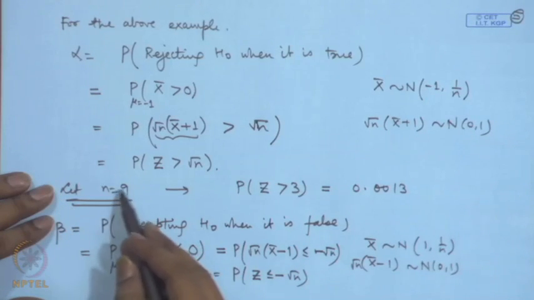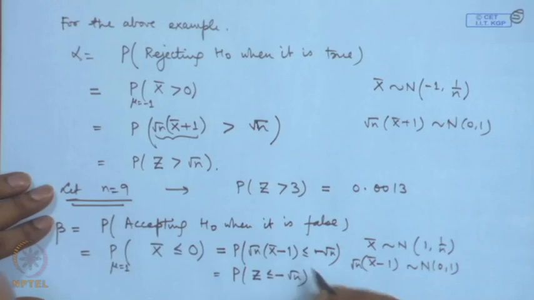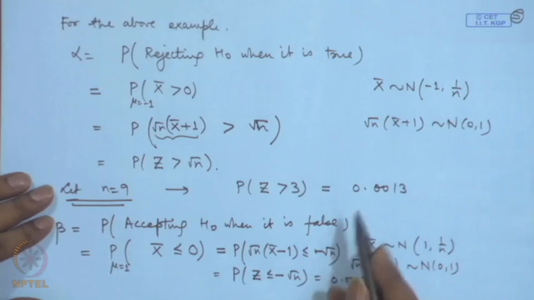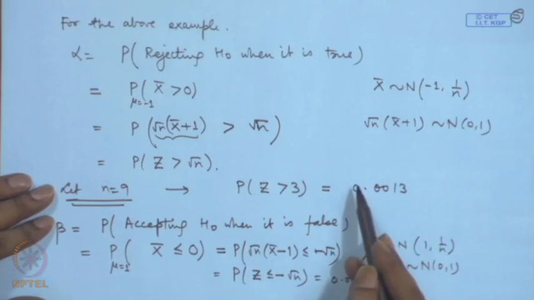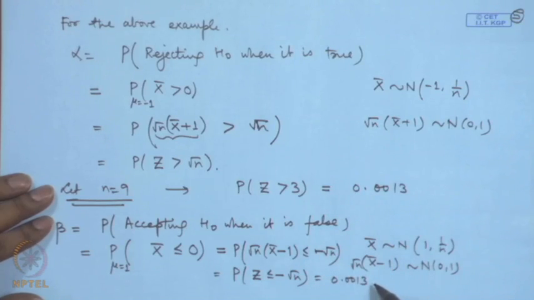Now, in this particular case, when I have taken n to be 9, this is again 0.0013. So, in this case, both the probability of type 1 error and the probability of type 2 error are 0.0013 here.